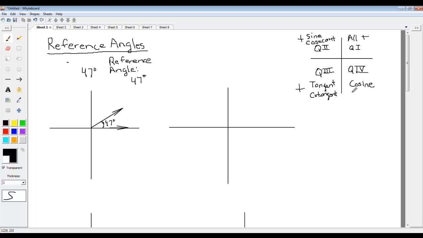Quadrant 4, if the cosine's positive, then secant is also positive. Everything else is negative. And a way you can remember that is "A Smart Trig Class." That'll help you to remember what's positive in each quadrant. So you use the reference angle to find the actual number values, and then use this little trick to help you remember what signs to apply.